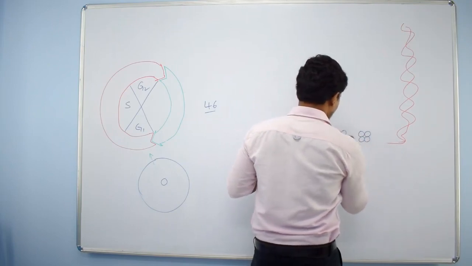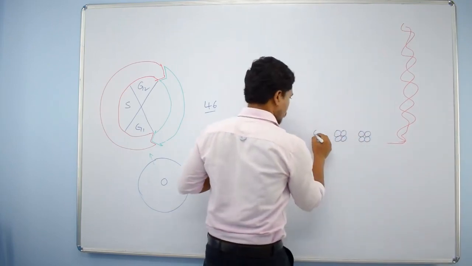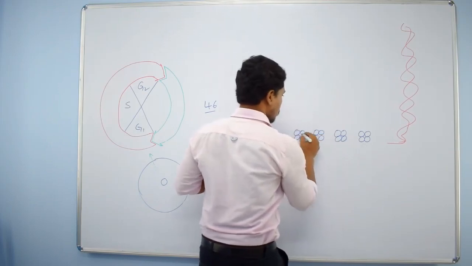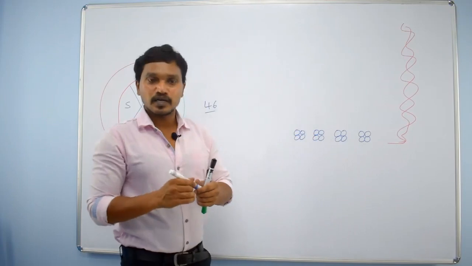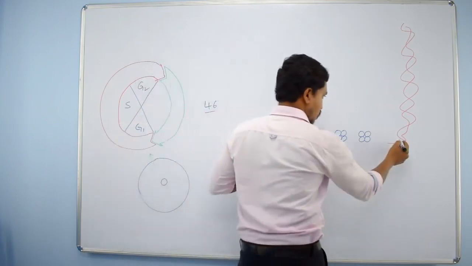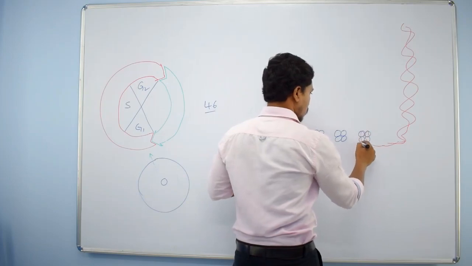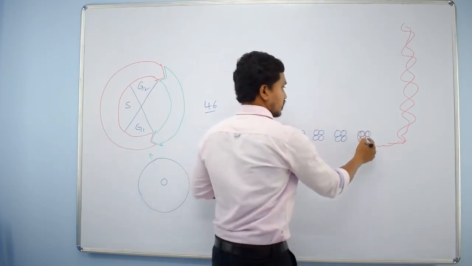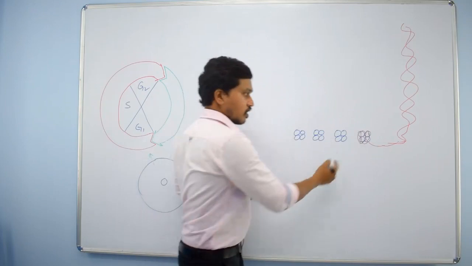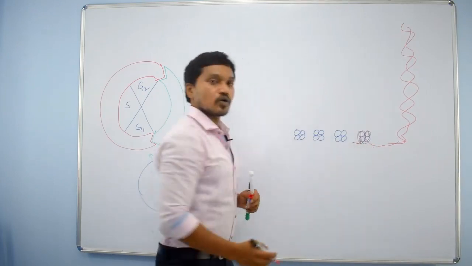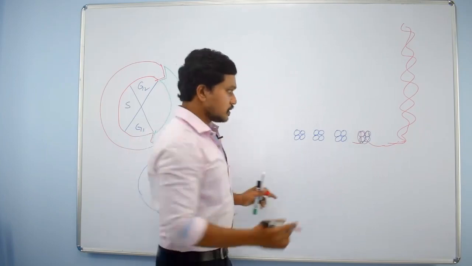Imagine these are histone proteins. This DNA winds around the histone protein and forms the small portion we call a nucleosome, right?